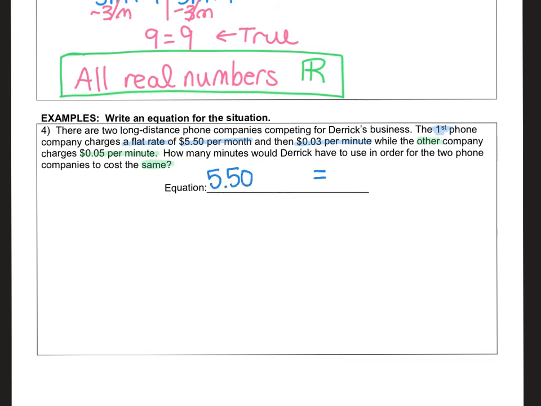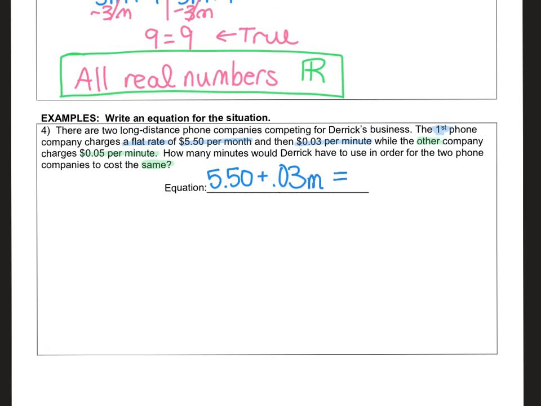That is even if he talks 0 minutes, he will still have to pay that $5.50 with the first company. But then after that, it's only going to cost him 3 cents, which is 0.03 dollars per minute. So when you see that per right there, that is usually going to tell us that that's where our variable goes. They're going to be multiplied.